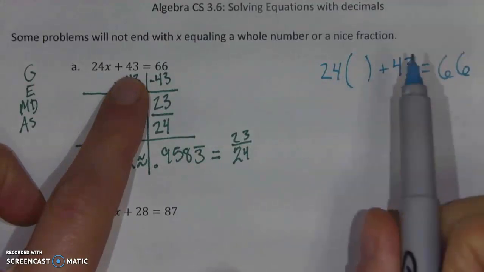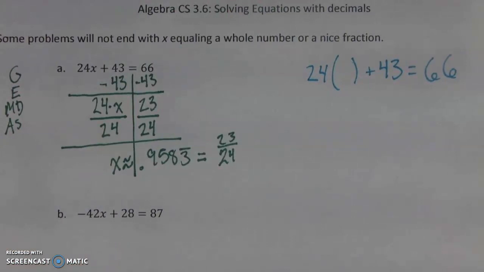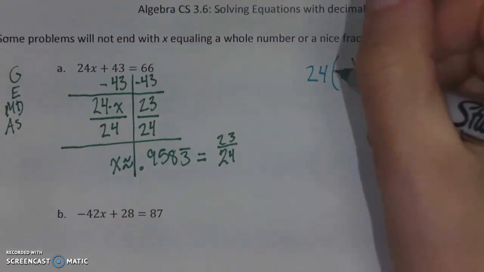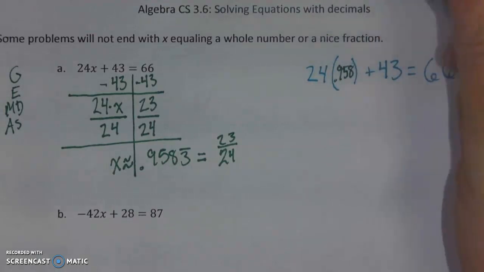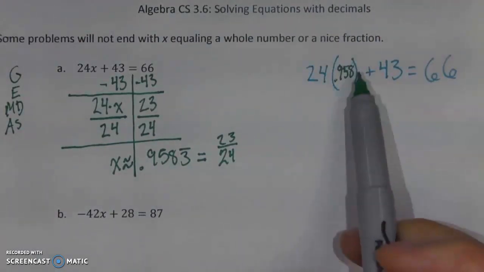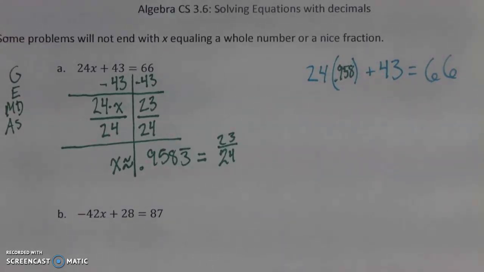So I want it to equal 66. Well, let's put in our decimal. We can also put in our fraction. I'm going to start with the decimal, 0.958. I'm going to just take off the 3 and use 3 decimal places, which is fine. Either the hundredths or the thousandths place is a fine rounding place.